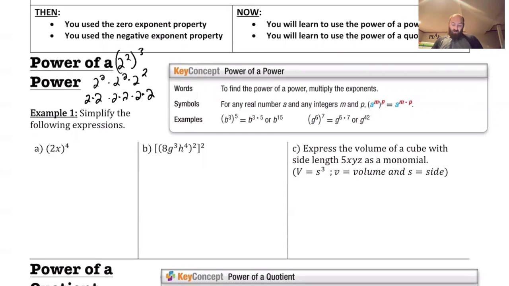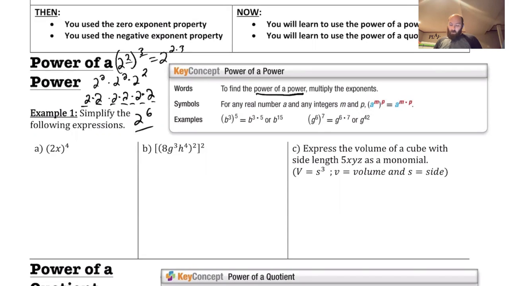Look at the total number of 2's I have. Okay, I have 2 to the 6th power. My shortcut is this. If I raise a power to a power, I can multiply. Okay, 2 to the 2 times 3 power is the same as 2 to the 6th power. So that's what I get here.